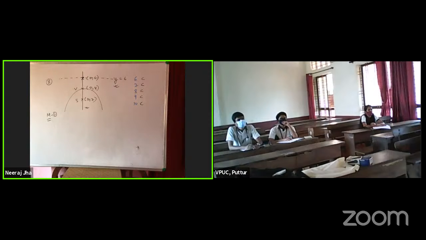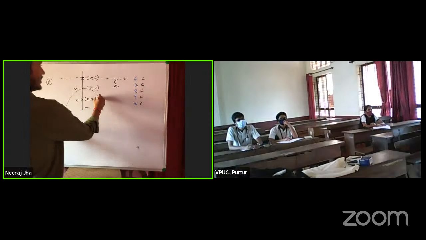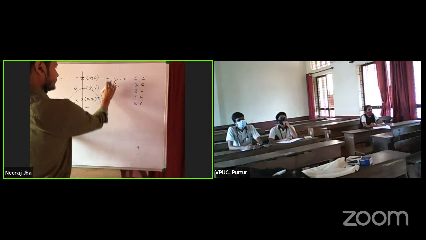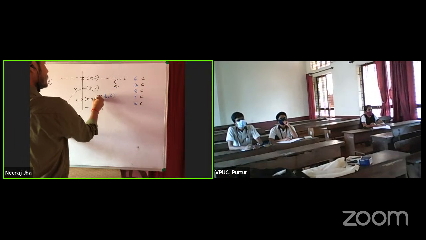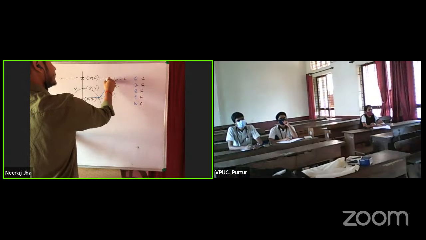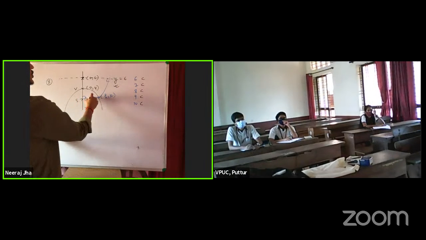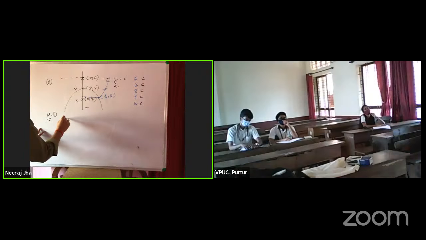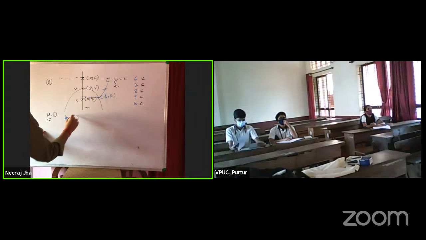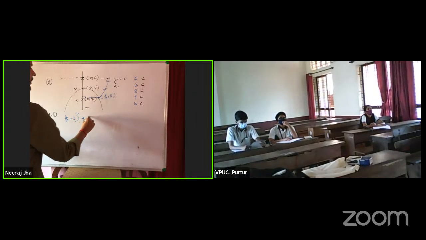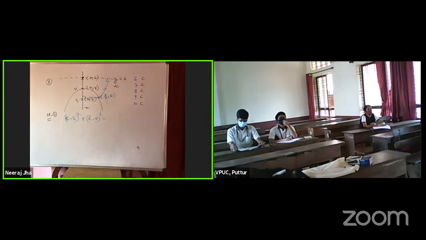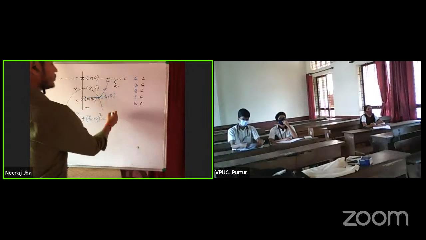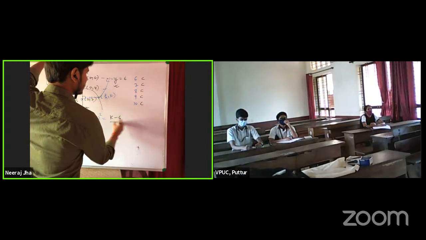Use the focal directrix property. What is that, sir? Take a point P which is h comma k. This distance and this distance should be equal. So root of h minus 0 whole square plus k minus 2 whole square is equal to this distance, which is k minus 6 upon root over 1 squared.